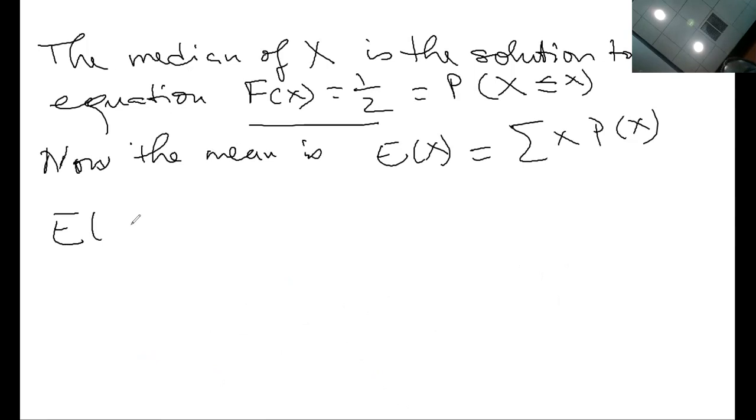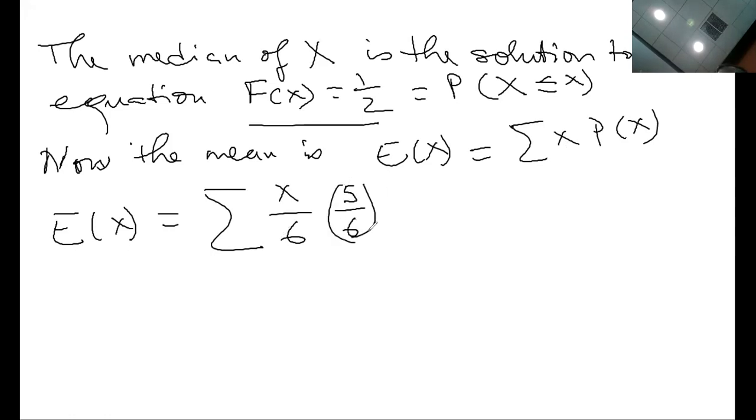E of x is the sum of x over 6. Remember, f of x, the probability of x, was 1 over 6. That's why I'm writing x over 6 for this x, times 5 over 6 to the x minus 1, with x moving from 1 to infinity, not 0, covering every value. For the mean, we are thinking about all the values of x.